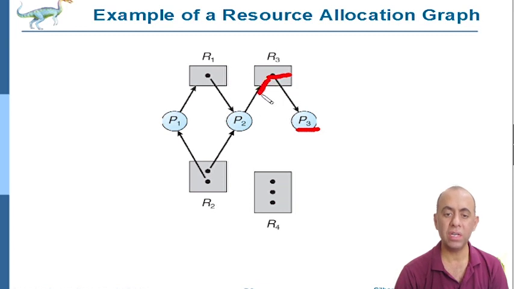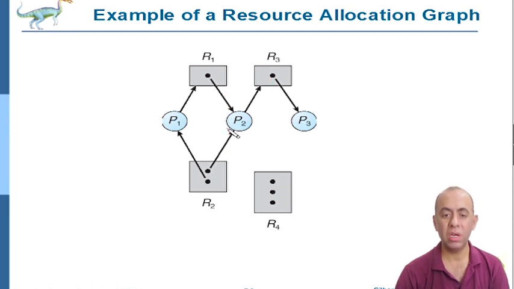R3 will then be given to P2, and then P2 will have all it needs, because P2 already has R1 and one instance of R2. P2 was looking towards R3, but R3 was given to P2 after P3 was done with it.